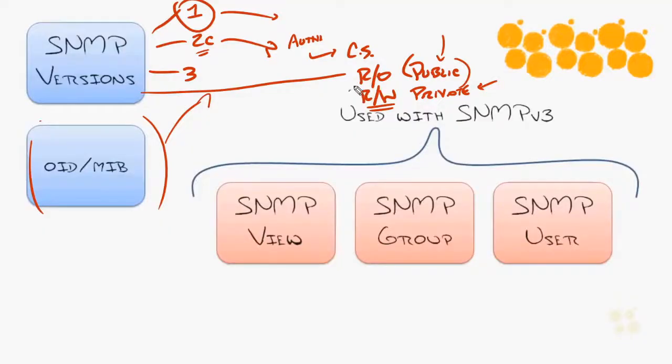Thus, read-write SNMP. Read-write allows the monitoring system to get in there and change settings on your device, but it's kind of like the keys to the car, right? You give that monitoring system the keys to that car, or a community string, like private, and somebody, let's say evil person X, gets that. They now have the control.